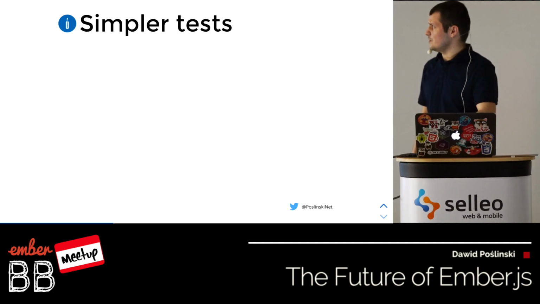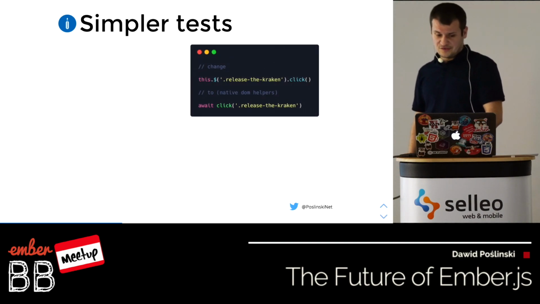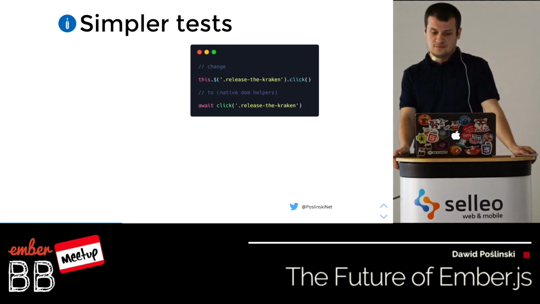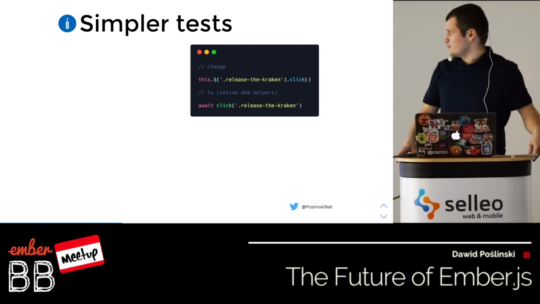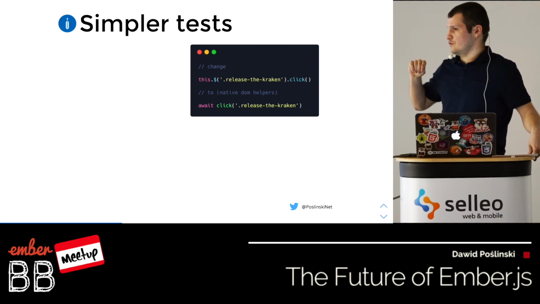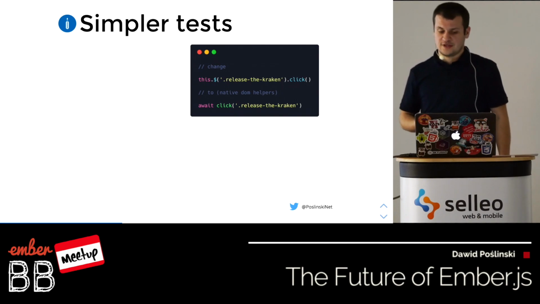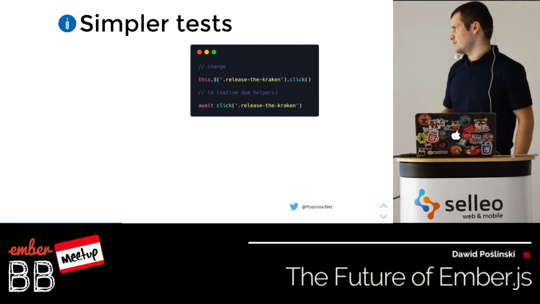Here I will briefly just mention some simplifications in tests. Basically, till now, quite often we had to use the andThen helper, and sometimes because of that, for instance, we would like to test that we click on a button and something will happen, but we weren't sure that it will happen instantly or if it's some async action.